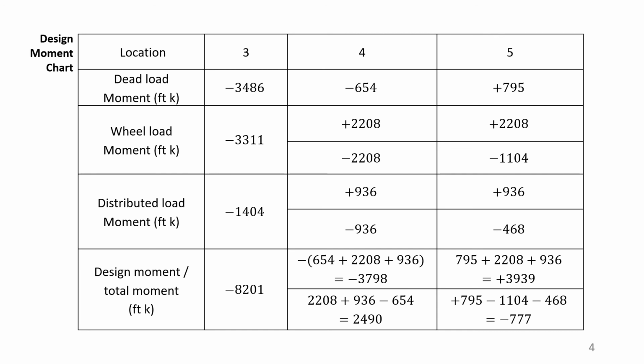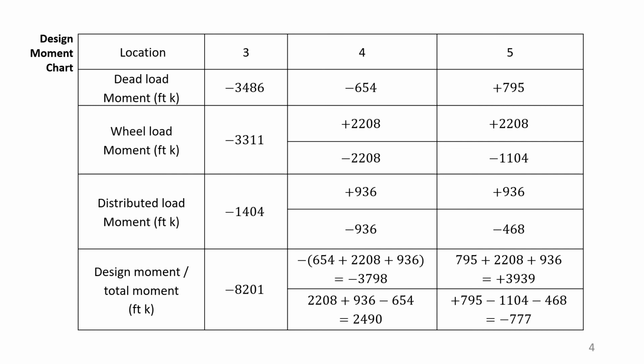Once the bridge is constructed, this moment will be there for infinite time. That's why from this positive moment, this minus 654 is to be deducted for getting the actual value for which we will be choosing the steel area and stirrups, etc. Steel area reinforcement, and that will give us a value of 2490 kip feet.